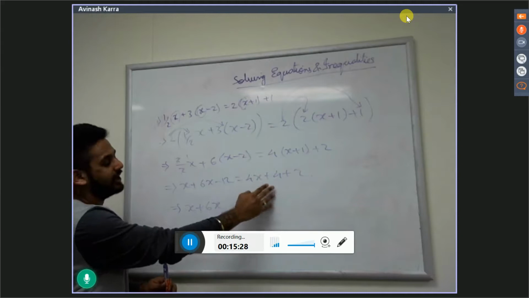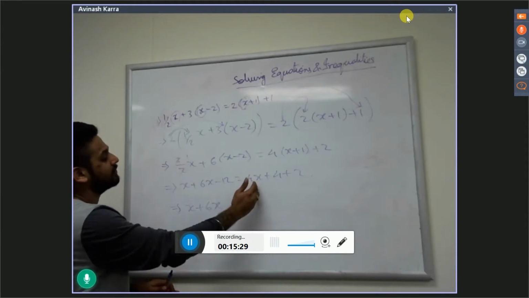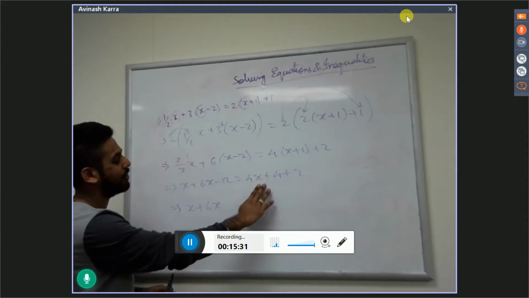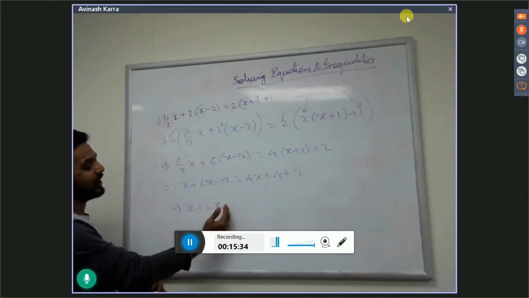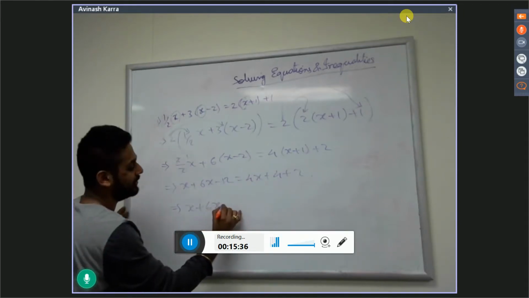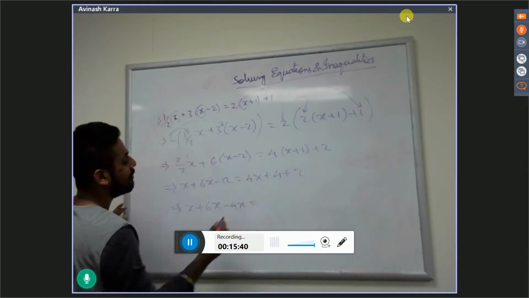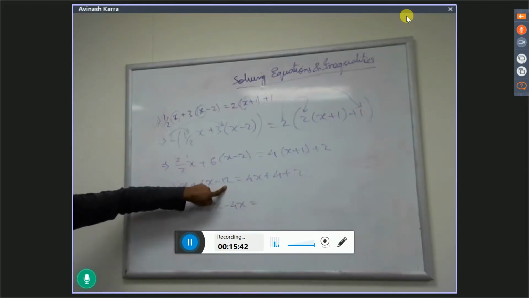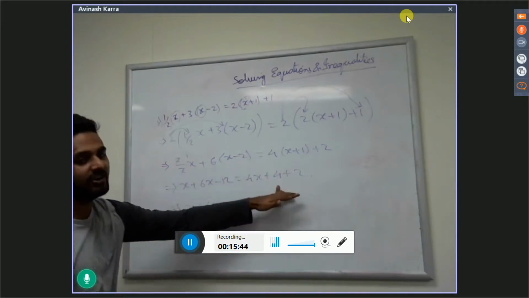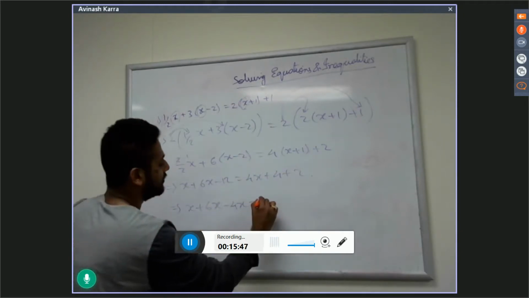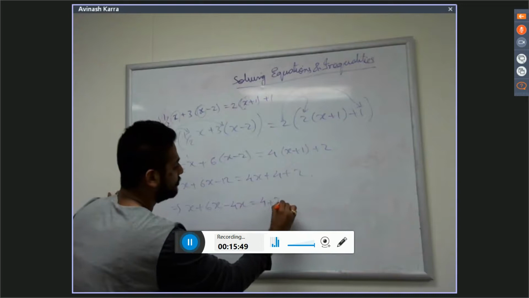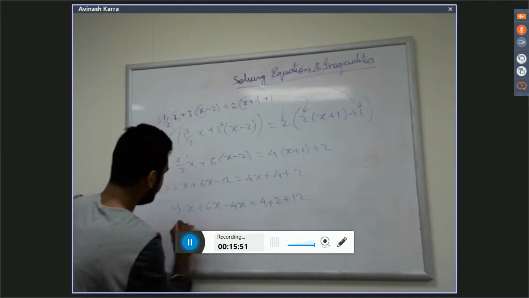It's adding, right? The sign of the 4x on the RHS is positive. When it comes to the LHS, it becomes negative, so it becomes negative 4x. And 12 here is negative 12. When it goes to the RHS, it becomes positive 12: 4 plus 2 plus 12.